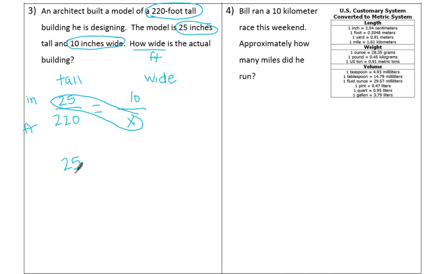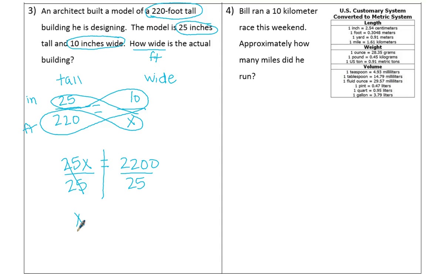So 25 times x is just 25x. 220 times 10 is going to equal 2,200. Now x is being multiplied by 25, so we have to divide by 25 on both sides. And when we do that, we cross out what we use and we're left with x equals 88. And that means that this architect's building is actually going to be 88 feet wide.